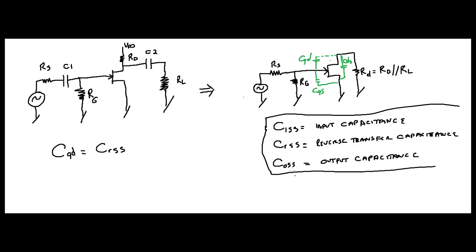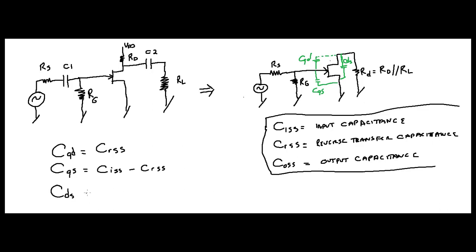Alright? That's this one. CGS, that's your gate source, right? That's equal to CISS minus CRSS.